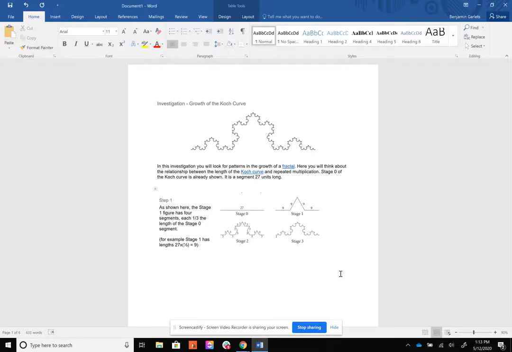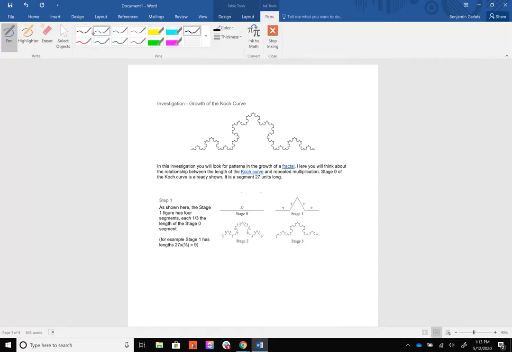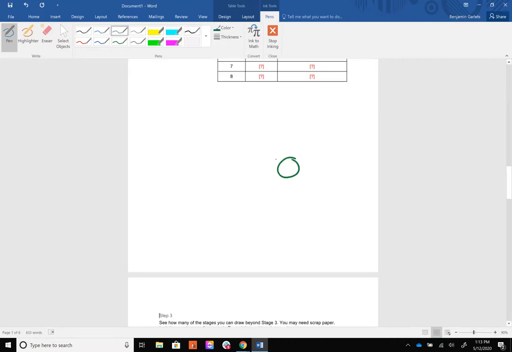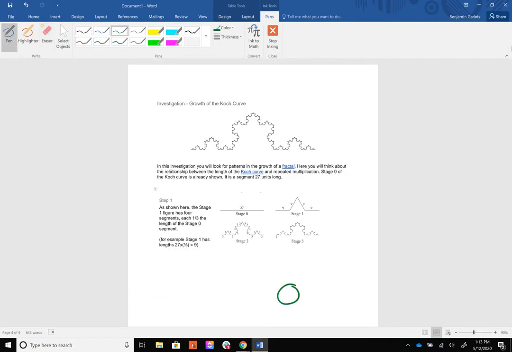All right, so I had a few questions regarding the investigation growth of the Koch curve. You'll notice I put in a few links, but the Koch curve is a fractal, and you can find out a little bit about what a fractal is at the link I circled right here.